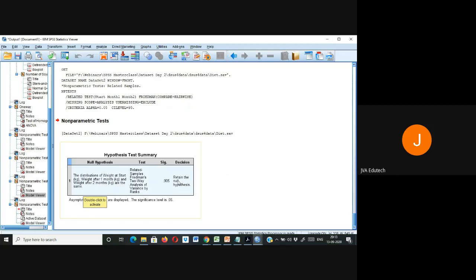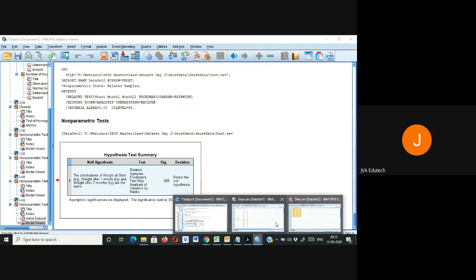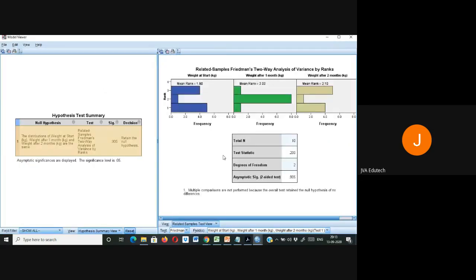So let's see a more detailed analysis. Means take it into model viewer. What you are seeing? Mean rank, does it change?